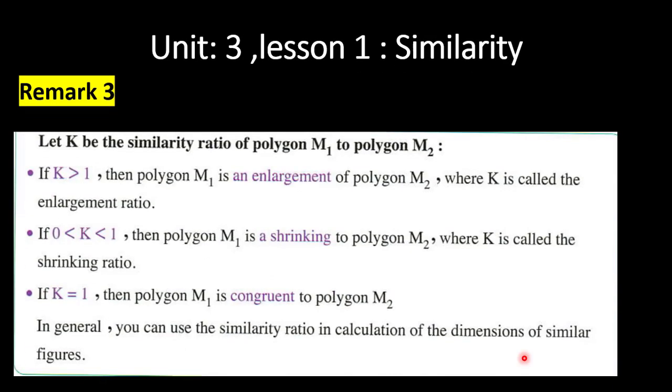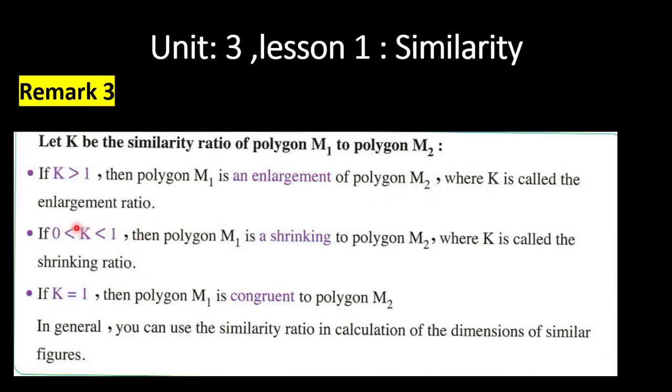And also we studied that if K, the similarity ratio, is greater than 1, it means that M1 is an enlargement of polygon M2, and in this case we call K the enlargement ratio.